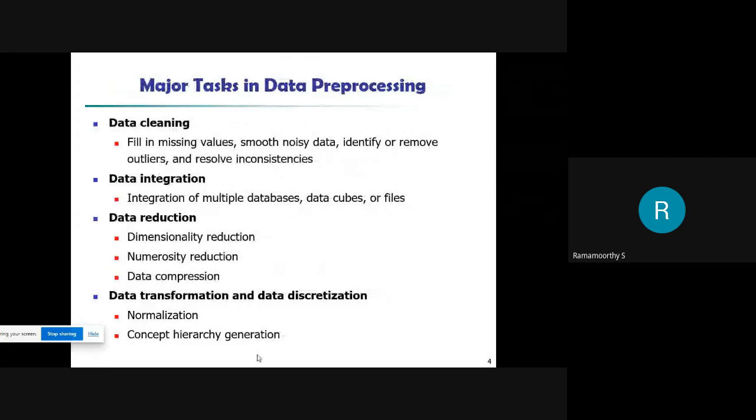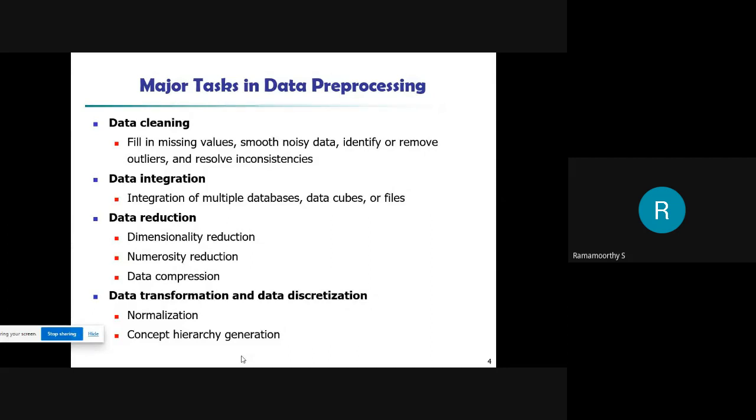So major task, as I mentioned before, when you are applying any data mining algorithm, you need to prepare the data. The preparation is given in the form of pre-processing techniques. Some of the tasks involved in the process of data pre-processing are listed here.